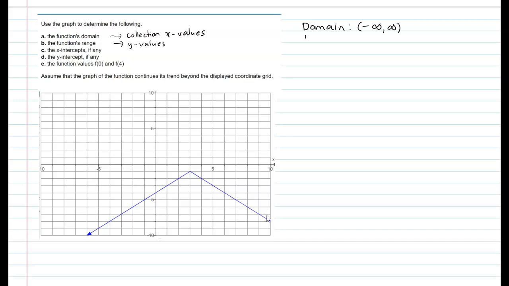Now, what about the range? Range would be the y values. So now you look at the y values for which there is a graph of the function. Notice that there's no graph above this line here. That is when y is equal to -1. So you double check, is that really -1?